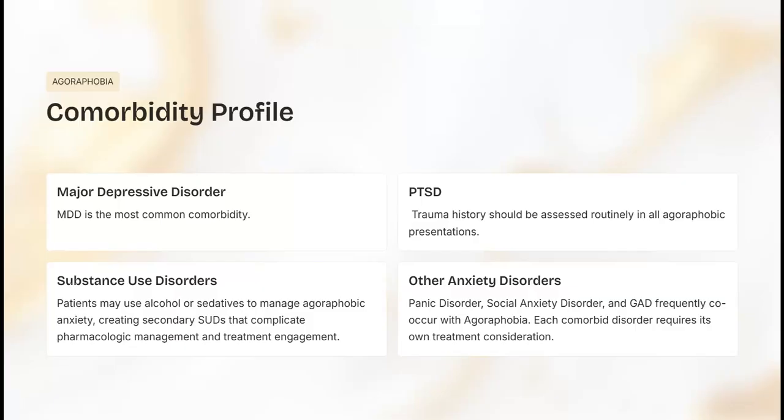Other anxiety disorders like panic disorder, social anxiety disorder, and generalized anxiety disorder often co-occur with agoraphobia, and each one requires its own treatment considerations. The high rates of comorbidity mean that you're going to need a comprehensive, multi-treatment plan to address all active conditions simultaneously.